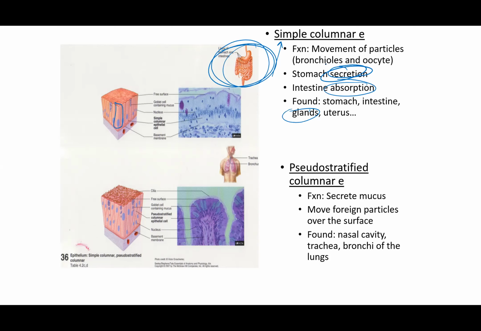All right, pseudo-stratified. So pseudo is false. A false-looking multi-layered tissue, so pseudo-stratified. Okay, its job is to secrete mucus. And earlier I mentioned mucus is a protective function. Okay, your mucus layer protects you.